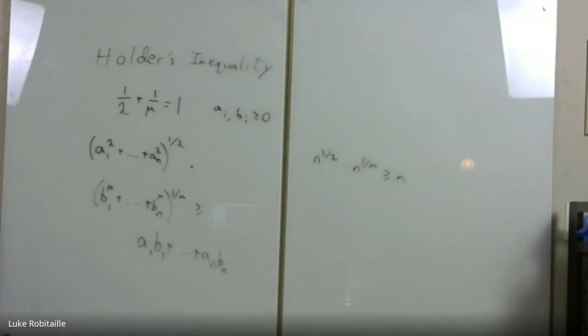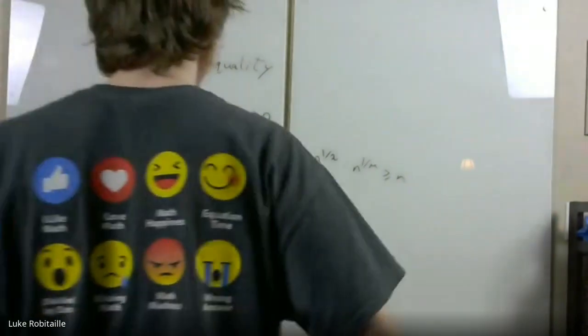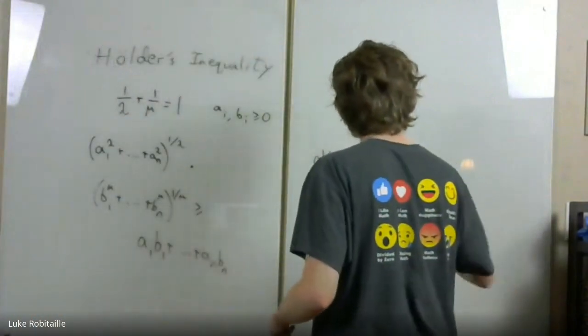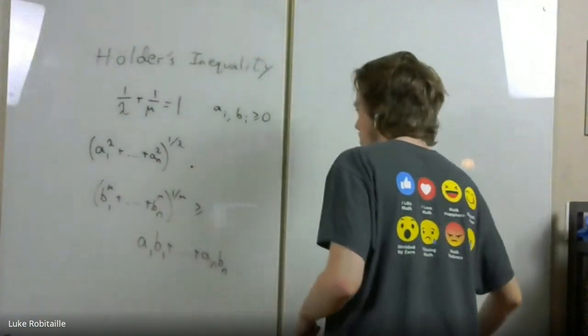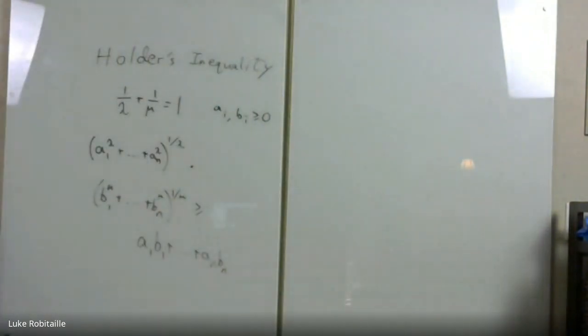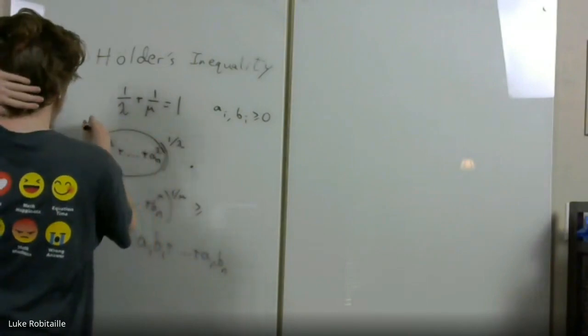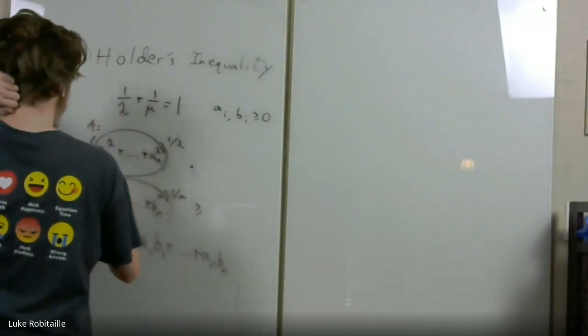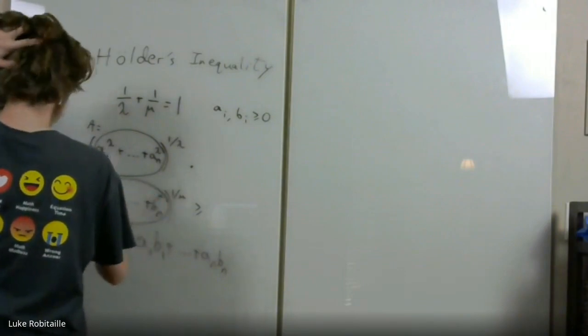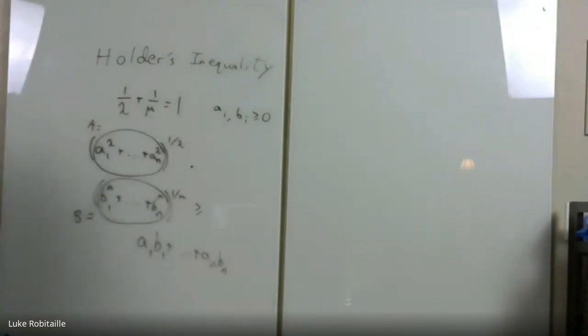And so how do you prove this? Well, we can do the usual thing that we've done before, where if you homogenize, you can say, okay, if this is A and this is B, if the ai's are all 0, it's clear. If the b's are all 0, it's clear. Otherwise, A and B are strictly positive.